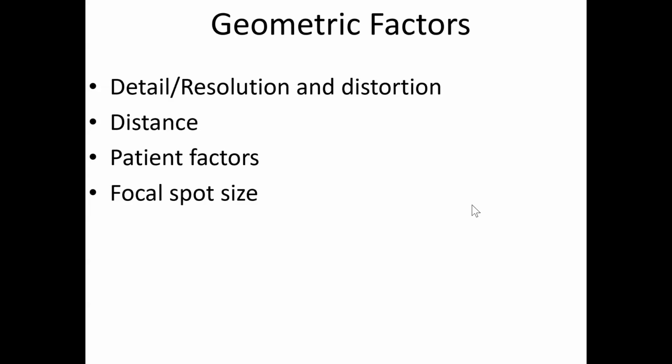The factors that contribute to detail or resolution are distance, patient factors, such as where in the patient's body is the part that we're looking at. Is it going to be magnified because it is so far away from the image receptor? And focal spot size affects detail as well.